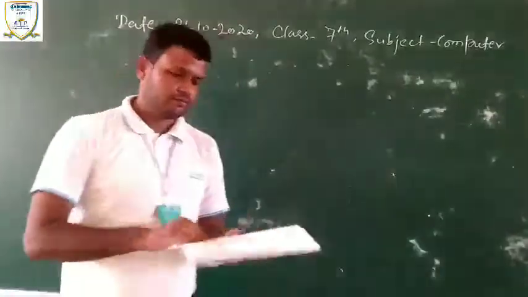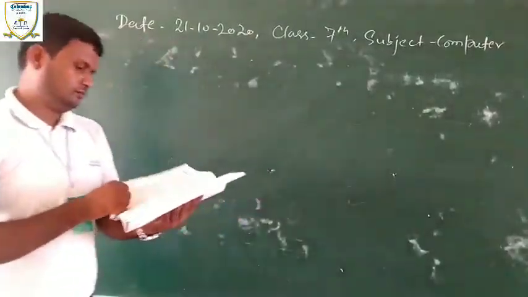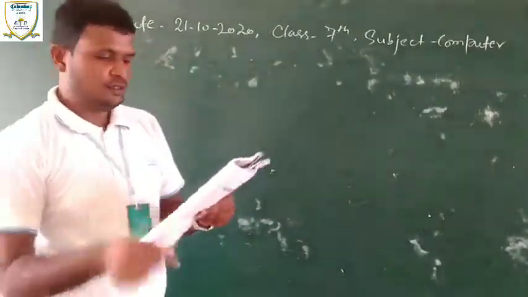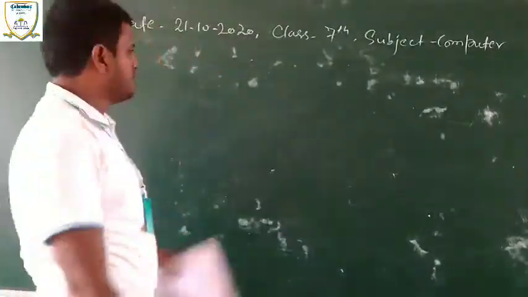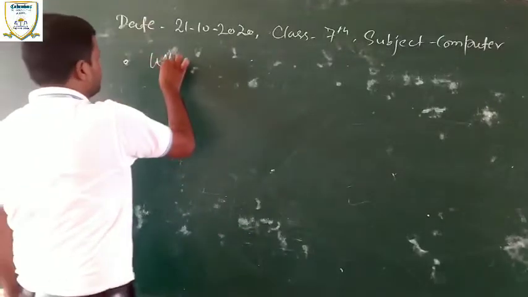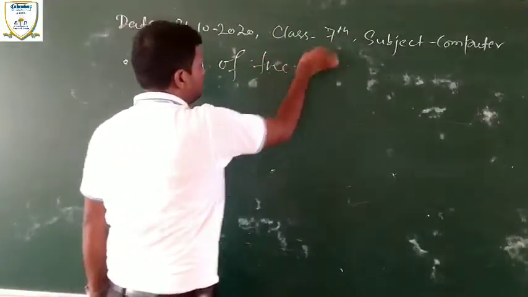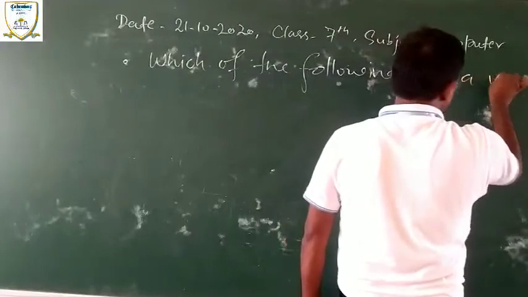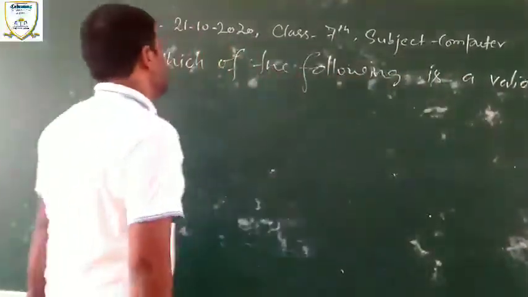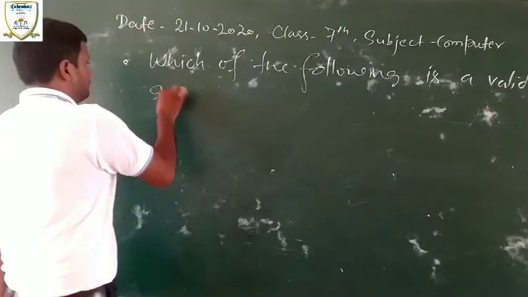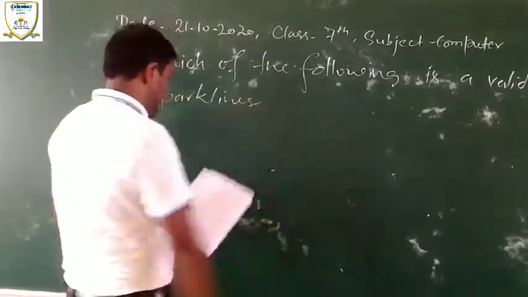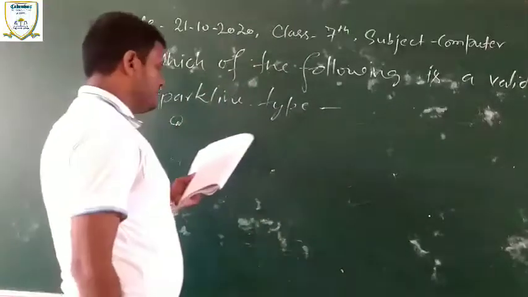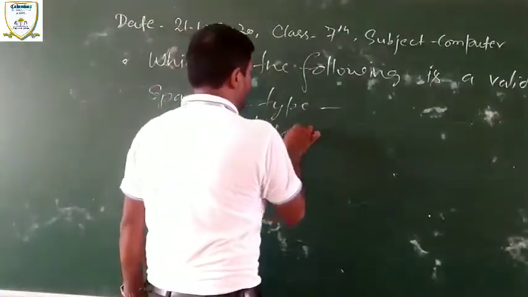The next one: which of the following is a valid sparkline type? The first, run and pop.